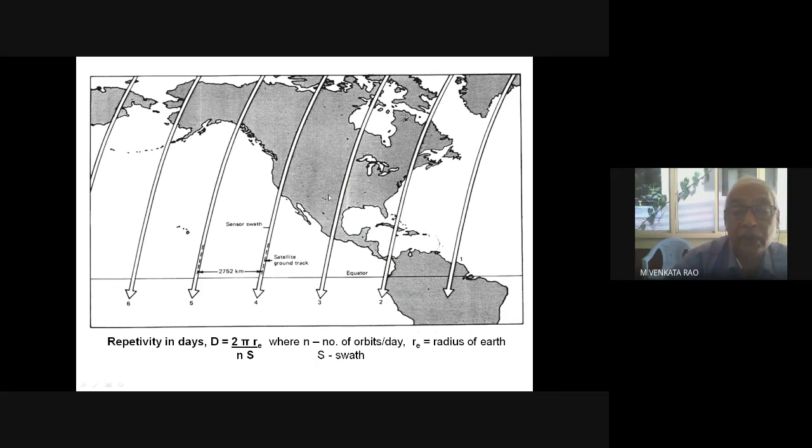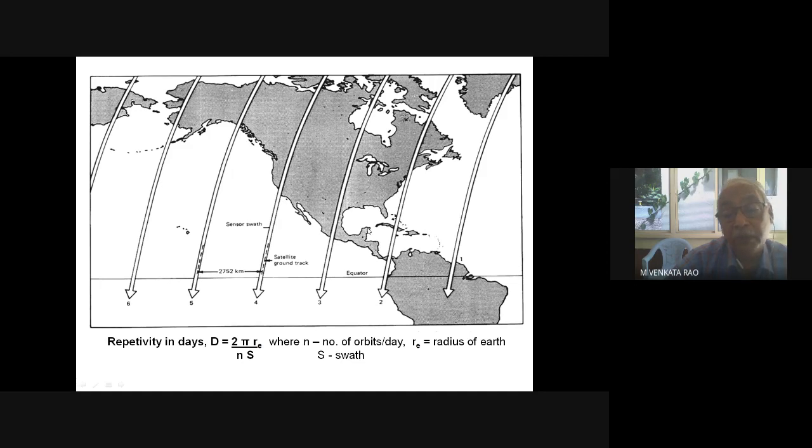In 100 minutes the earth has rotated, so the satellite comes again here and instead of this area, it will cover this area. The separation between these two will be approximately, depending on the orbit, around 2,700 to 2,800 kilometers. The shift will be there.